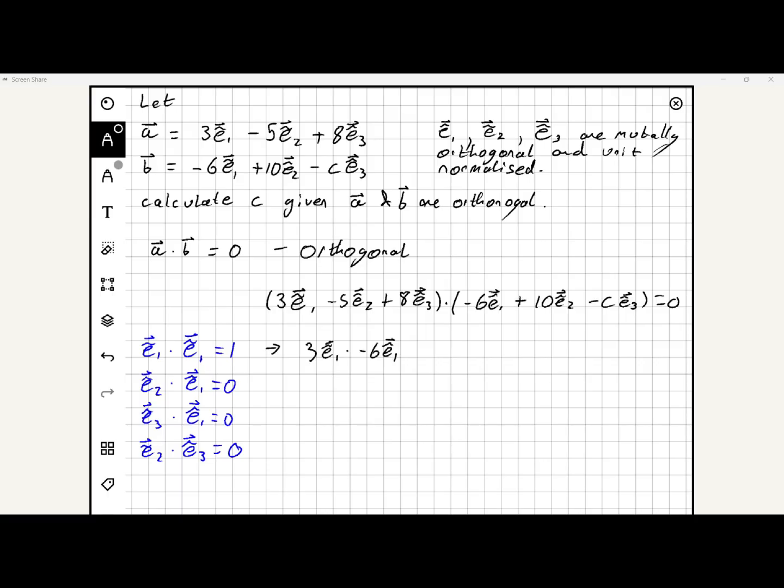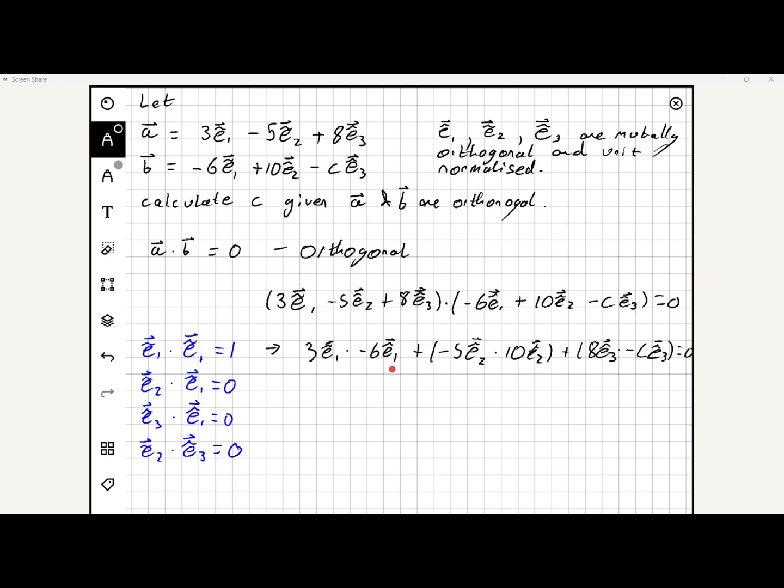Then we've got plus minus 5E2 dotted with 10E2. And then we've got again plus 8E3 dotted with minus C E3, and that equals 0.